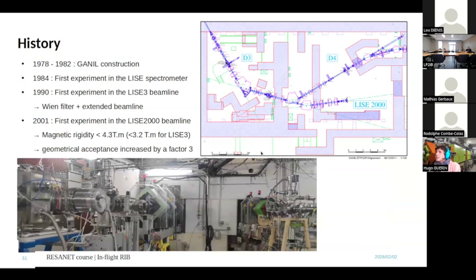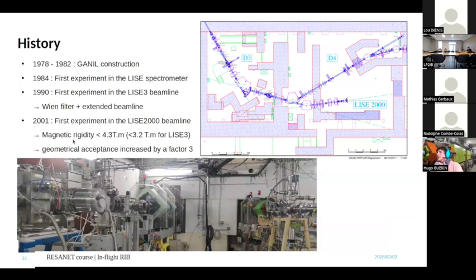In 2001 was the first experiment on the LISE 2K beamline. This LISE 2K beamline was aimed at having a higher limit on magnetic rigidity. Now, with this beamline, you can have a magnetic rigidity up to 4.3 Tesla meter.